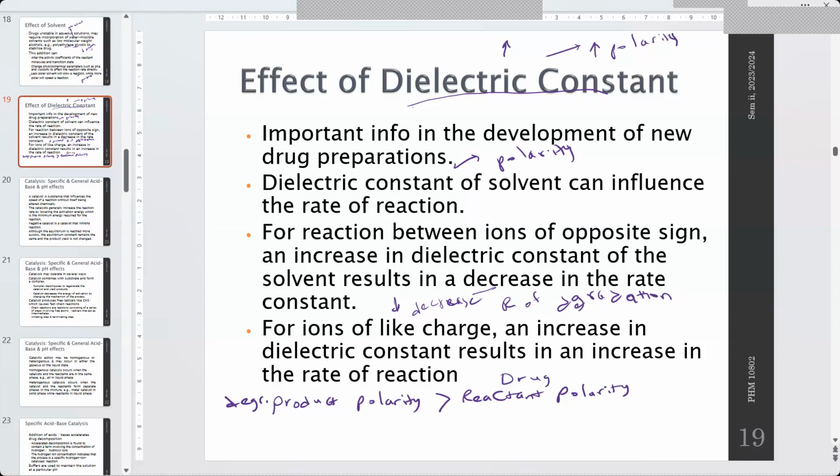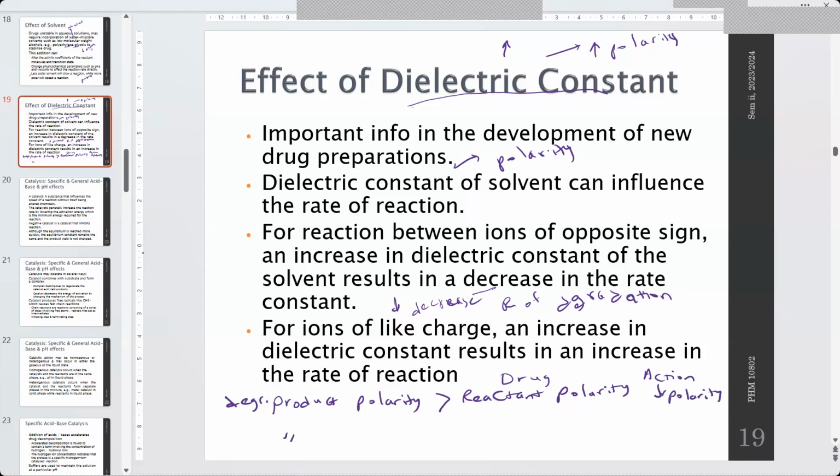If the degradation product has higher polarity, then how to suppress the degradation? Make the opposite, reduce the polarity. So in this case, the action we need to do is reduce polarity of the solvent, then you stabilize the drug.